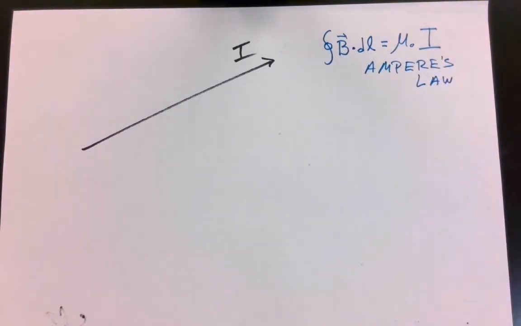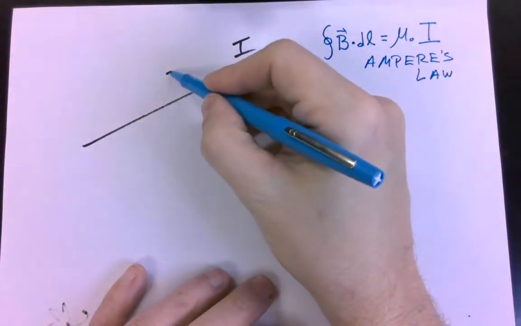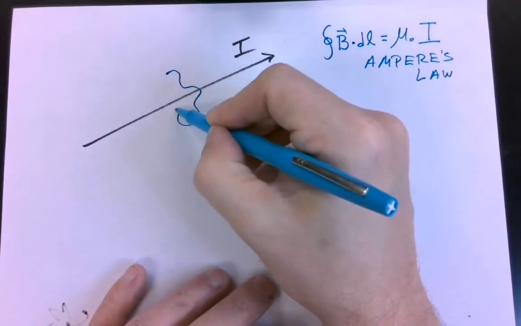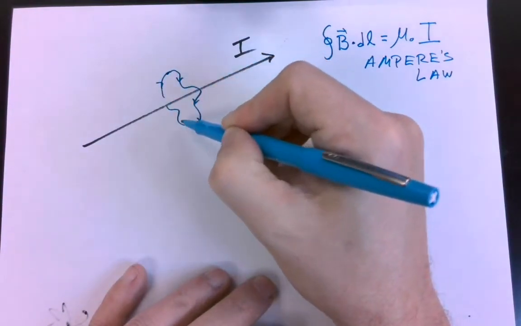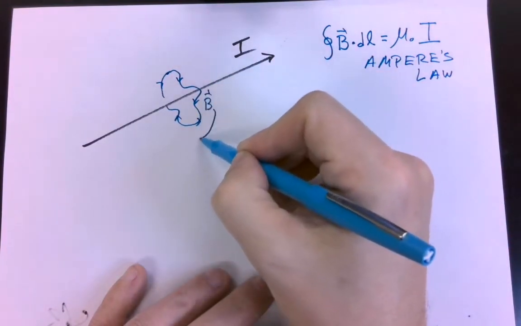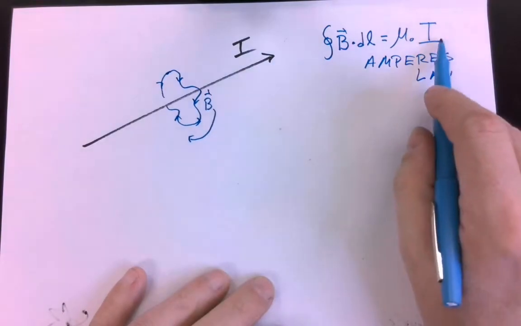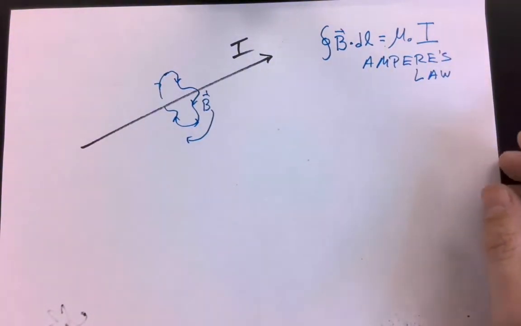Ampere's law tells us that if we integrate the magnetic field around a closed loop through space, and there is current passing through that loop, then the integral of B around that loop will be equal to the current passing through that loop times mu zero. It is the magnetic analog to Gauss's law.